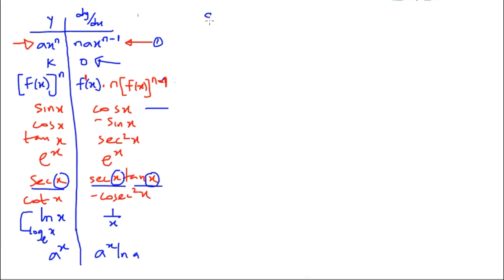For instance, if we have the arcsine of x, or generally the arcsine of a function of x, its derivative will be equal to, first of all, the derivative of that function of x upon the root of 1 minus that particular function squared.